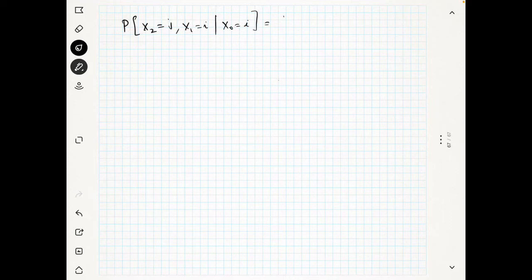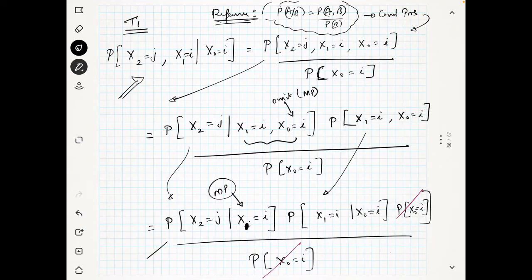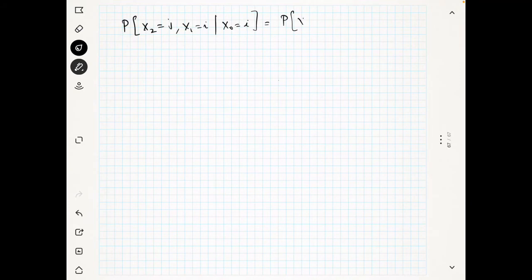This is equal to the probability that x2 is equal to j given x1 is equal to i, into the probability that x1 is equal to i given x0 is equal to i.